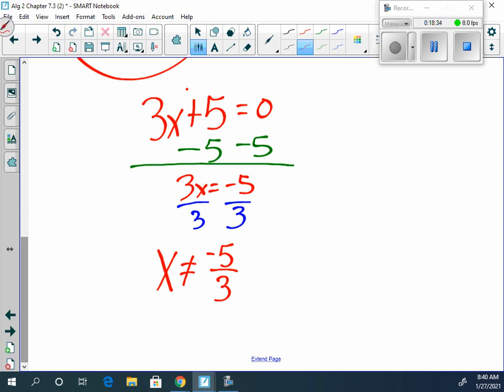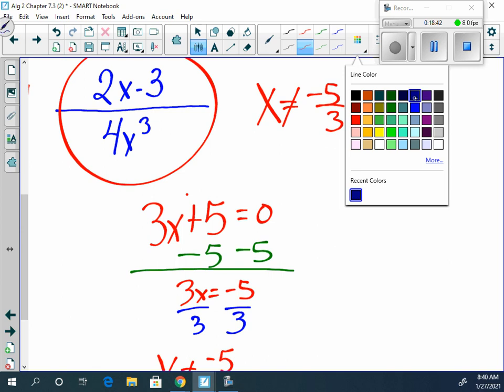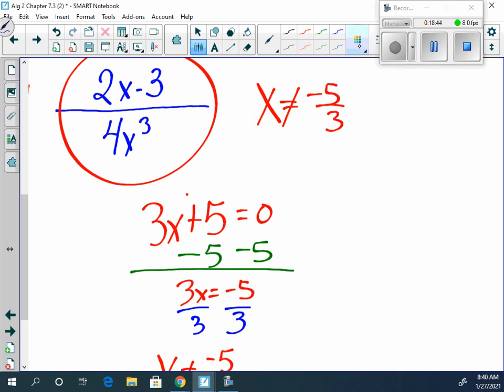And it is negative 5/3. Yes. Well, if we wanted to include the other 0 for x, it'd be 0. Yeah, no, the x cubed, what value of x is going to make it 0 is 0.